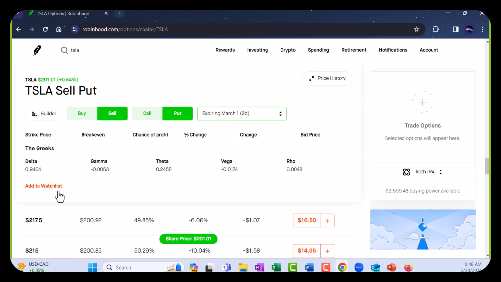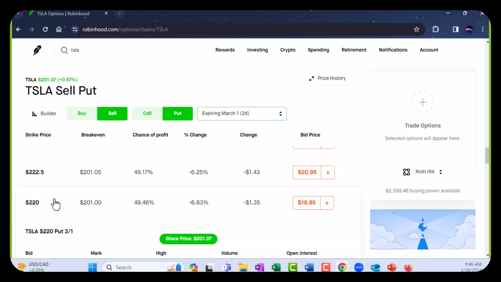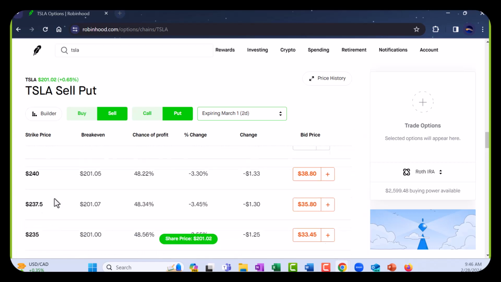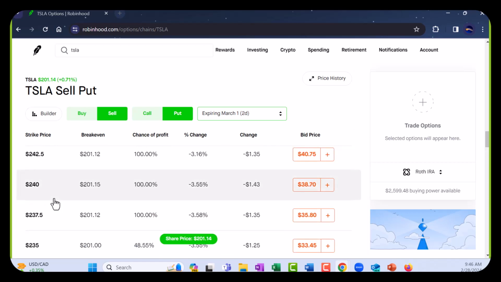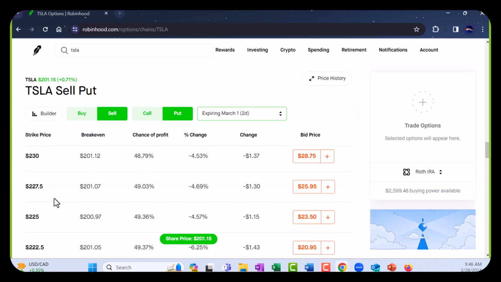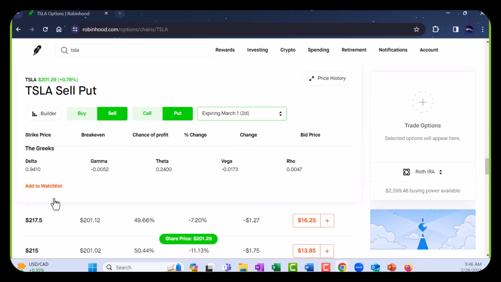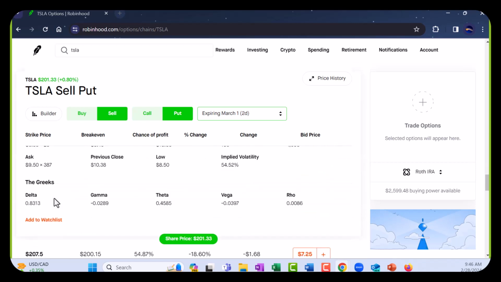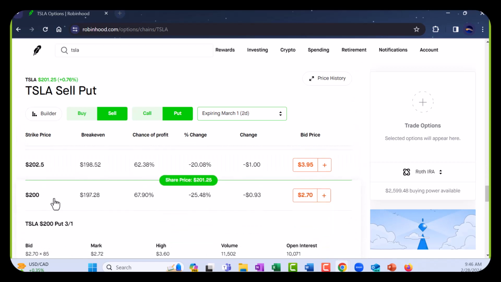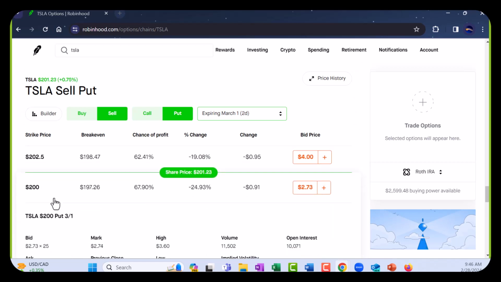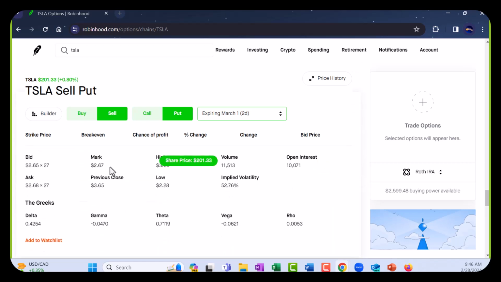Suppose you're holding the 200 puts, or you had sold 200 puts, whatever price it was, we don't know, but right now you can buy it back at 267, and you can extend to March 8th at 490. Okay.